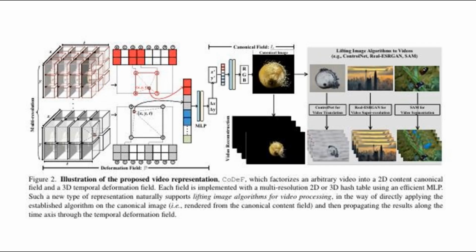By doing so, this CoDeF enables AI-powered video-to-video translation and tracking without additional training. Imagine editing a single frame of a video. This CoDeF ensures that these edits naturally propagate across the entire sequence while maintaining coherence.